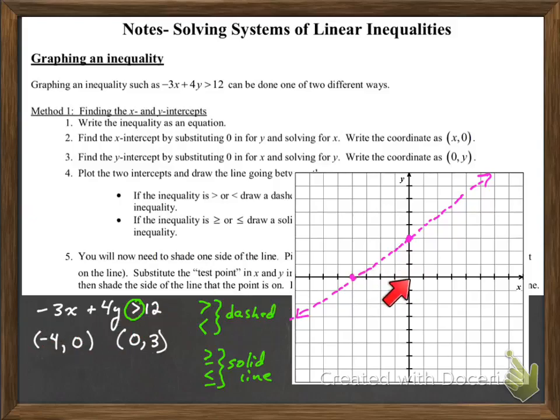Now, the easiest point to use, if possible, is going to be 0, 0. So if I plug 0 in for x and 0 in for y, what that gives me then is 0 is greater than 12. Well, that is a false statement. What that means for us is that we will not shade the side 0, 0 is on because that gives us a false statement. Therefore, we will shade the other side of our graph.